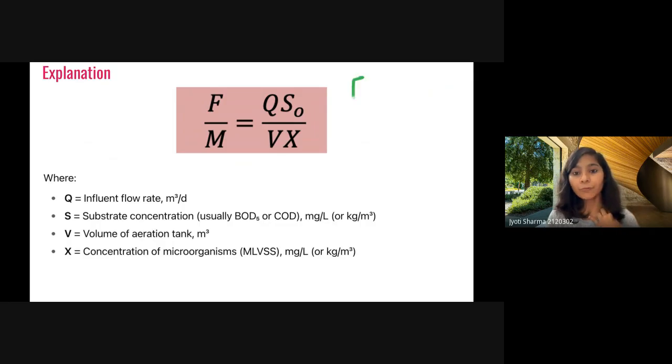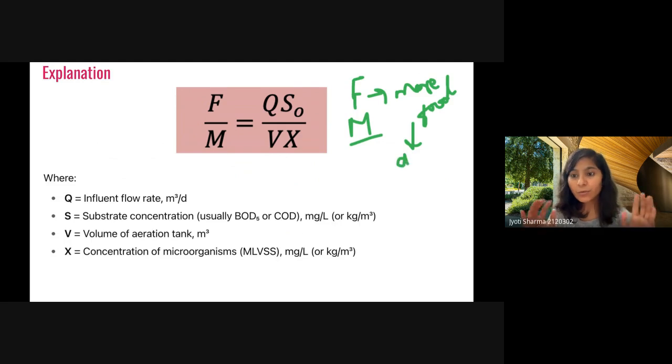We have food, right? And we have microorganisms. Whenever we have more food, the microbial age changes. So microbes are prokaryotes, not eukaryotes.